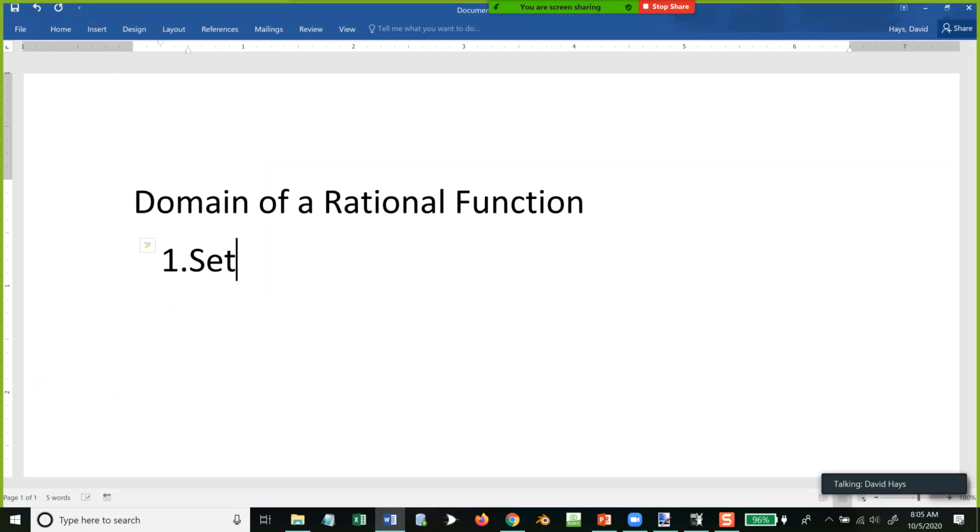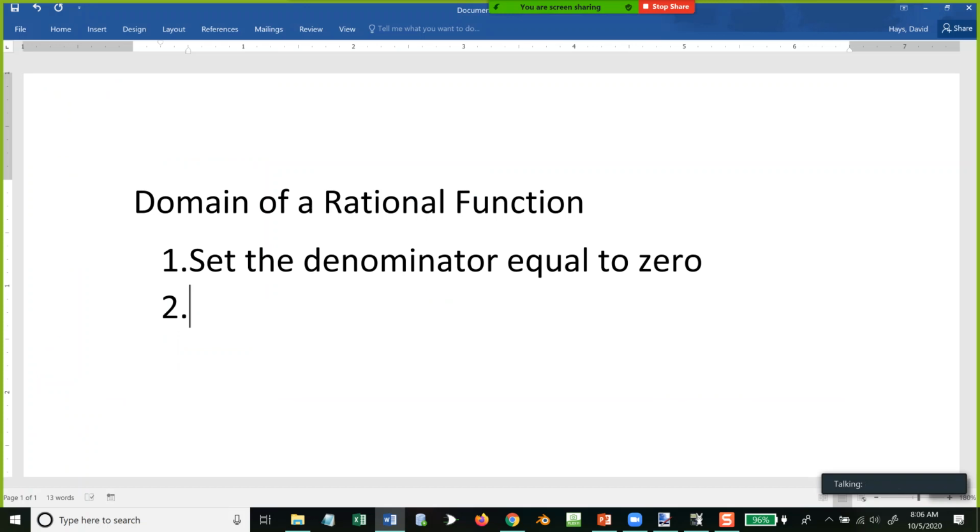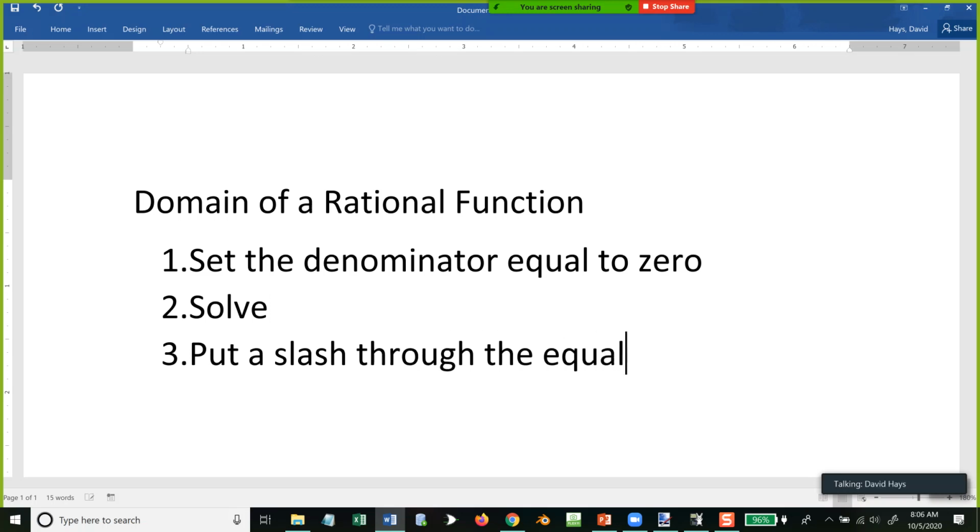Step one, set the denominator equal to 0, and then solve, and then put a slash through the equals. Again, this gives us the value we cannot have. That's why we have to put a slash through the equals.